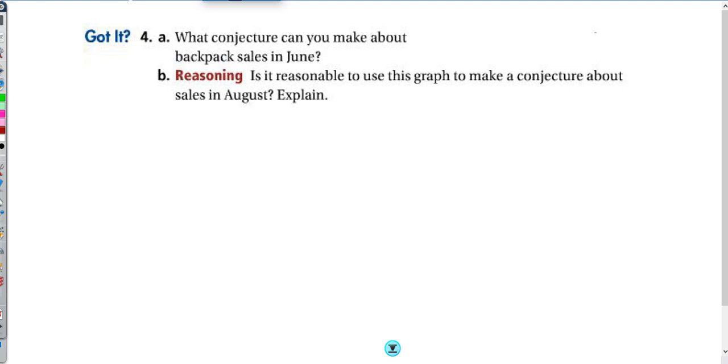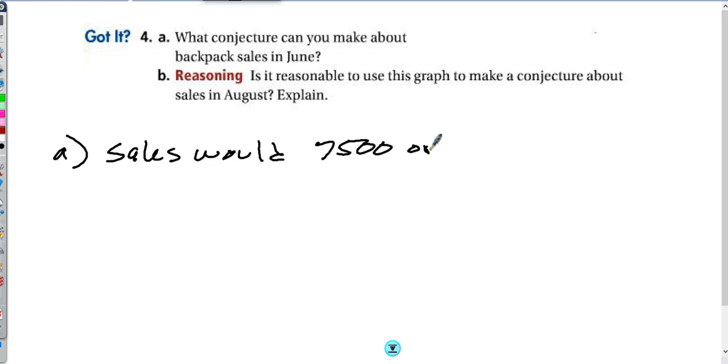So it would be at least 7,500 or less, I would say. So I would say A, sales would be 7,500 or less. It's definitely not going to go up unless your parents are the type that want to get the discounts on book bags, because they'll probably be on sale then, since they're not going to be selling them.